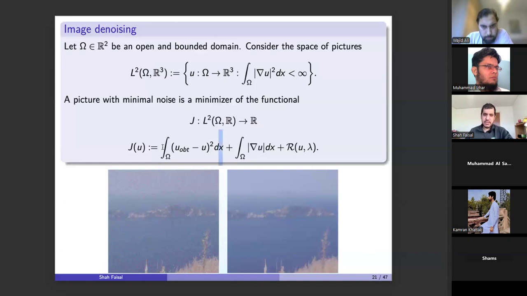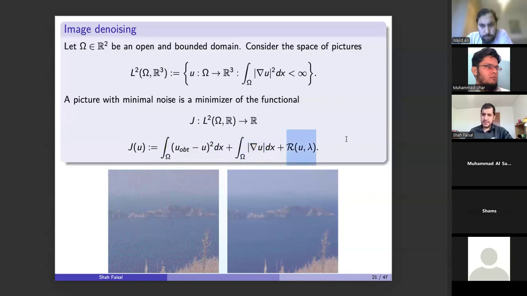Basically, you want that picture of minimal noise to be close to the one you obtained, but it should not change color quickly, so you minimize the gradient as well. And there is some other fidelity parameter you need to determine, which says how good you want the approximation to be. And so now if you find a minimum of this function, that would represent a picture with the minimal noise. Okay.